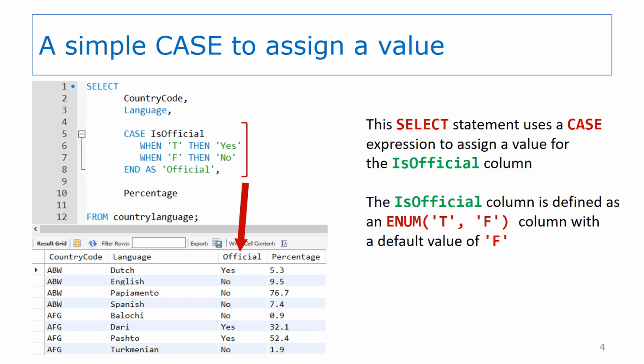The values T and F are the actual values that are stored in the table. What we've done here is to transform those values into a more human-friendly format like the words yes and no, rather than the computer-like T and F.